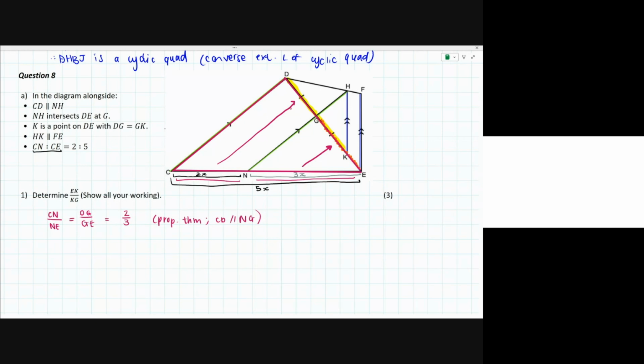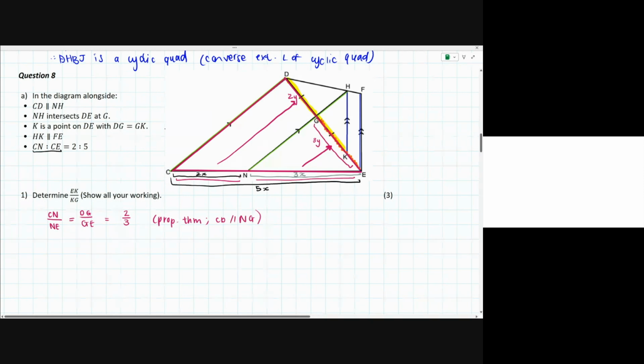Okay, so what we now know is that, importantly, whilst these lengths are not equal, the ratios are. So instead of saying 2x, I'm going to say that DG is 2y. So same ratio, just different lengths. And this whole length G to E is 3y.